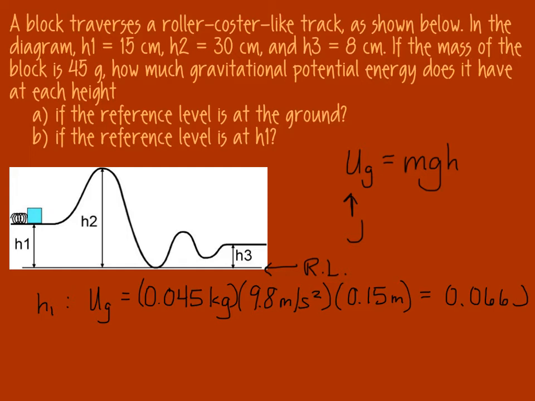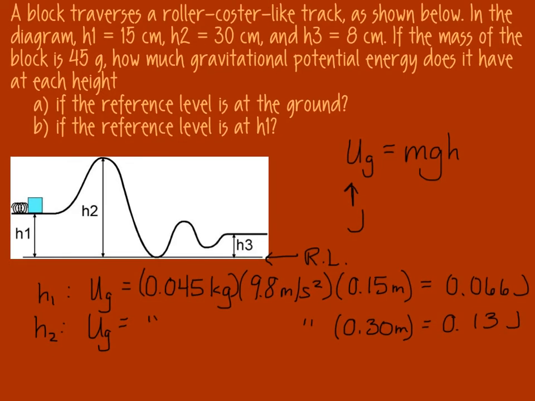Let's try the same thing for h2. Now the nice thing for each of these problems is it's the exact same mass, the exact same value for g, just multiplied by a different number. In this case, we have 0.30 meters instead of 0.15. Because the height is twice as big, my energy is twice as large. 0.13 joules this time.